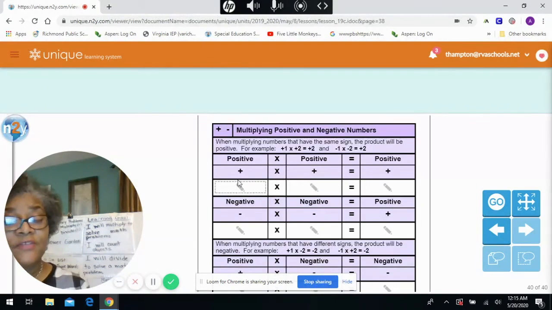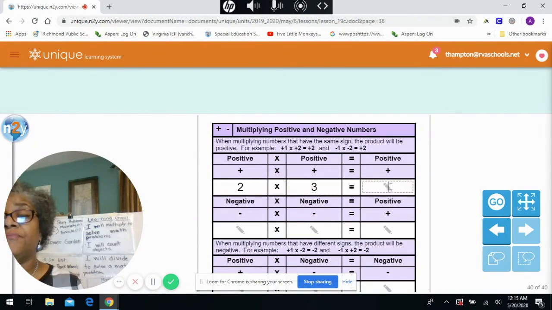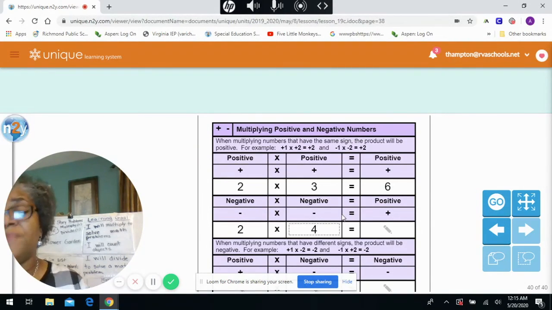Alrighty, so that's what we have here. 2 times 3 is positive 6. Even negative 2 times negative 3 equals positive 6.